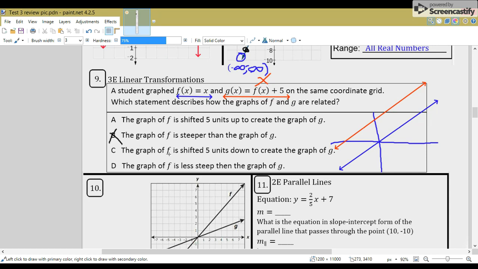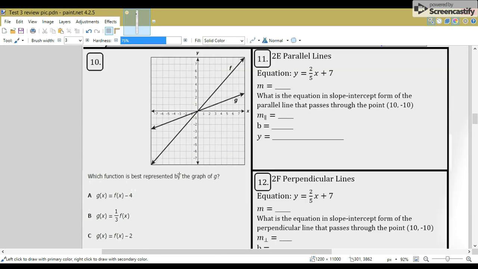C. The graph of f is shifted 5 units down to create the graph of g. The red one did not go down, it went up. And D. The graph of f is less steep than the graph of g. Again, these are parallel lines with the same slope, so one can't have a flatter slope. So your answer is A. Parallel lines have the same slope, so it can't change the steepness.